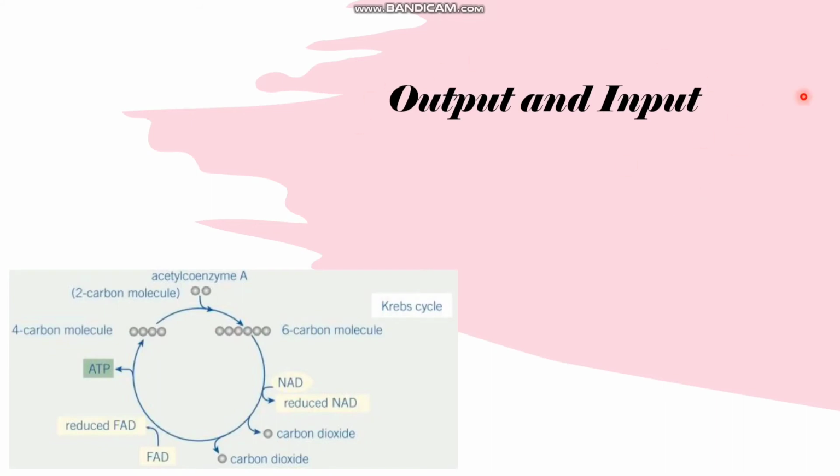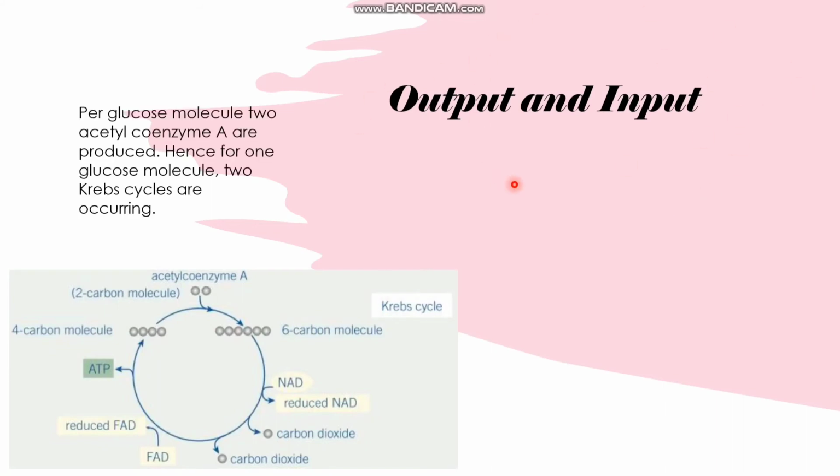So what are the overall inputs and outputs of the Krebs cycle? It's important to note that per glucose molecule, 2 acetyl coenzyme As are produced. This is because in glycolysis we have 2 pyruvate molecules produced per glucose, and in the link reaction, each pyruvate molecule goes on to form an acetyl coenzyme A. So for one glucose molecule, we have 2 acetyl coenzyme As.